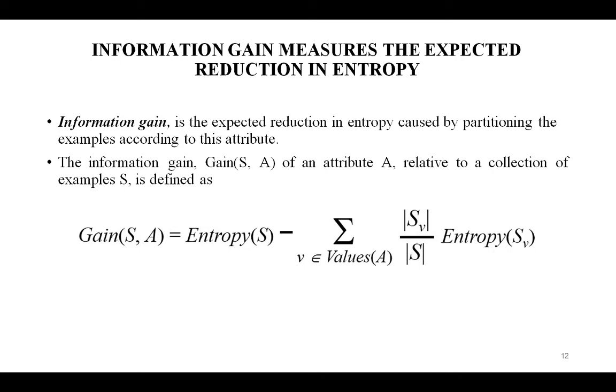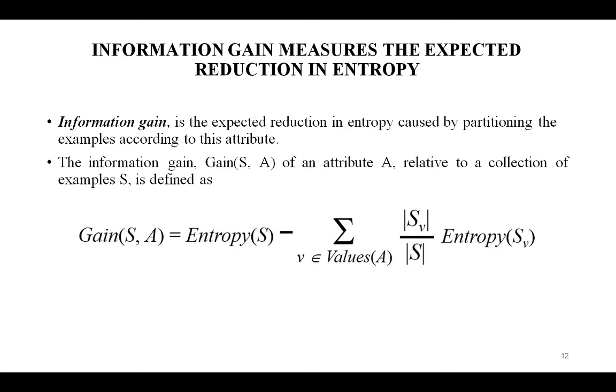The next important concept is the information gain measure, the expected reduction in entropy. Given entropy as a measure of the impurity in a collection of training examples, we can now define a measure of the effectiveness of an attribute in classifying the training data.